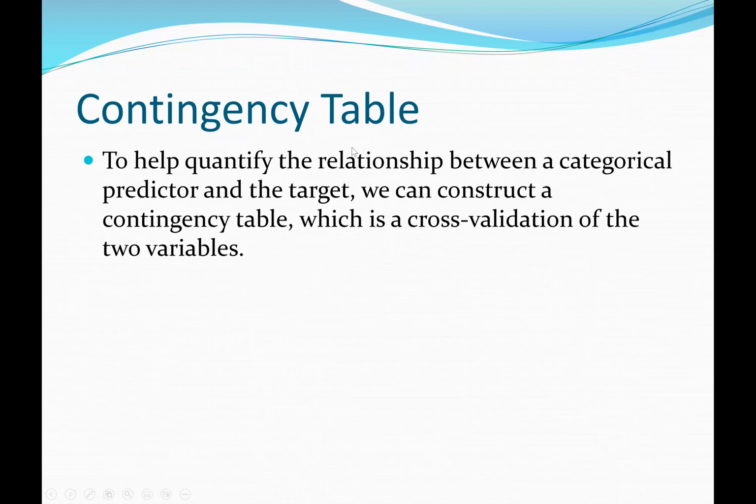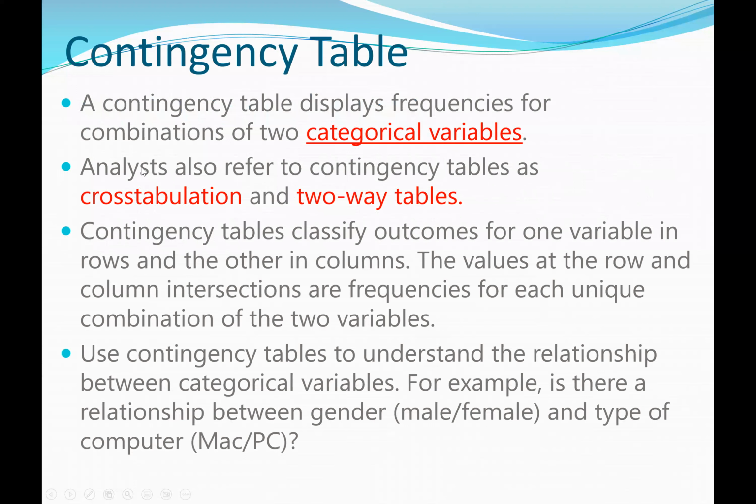So what is a contingency table first? A contingency table will help quantify the relationship between a categorical predictor and the target. So we can construct a contingency table, which is a cross tabulation of two variables. Now, a contingency table also displays the frequencies for the combination of two categorical variables.